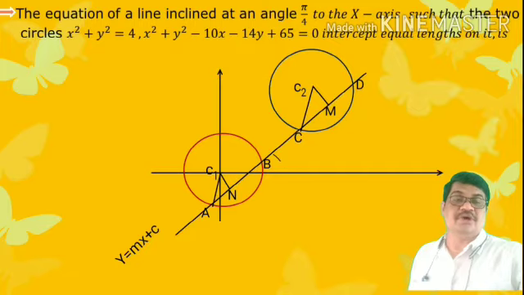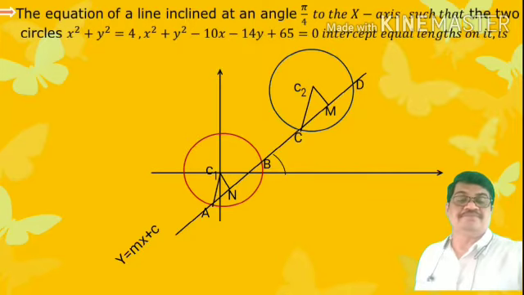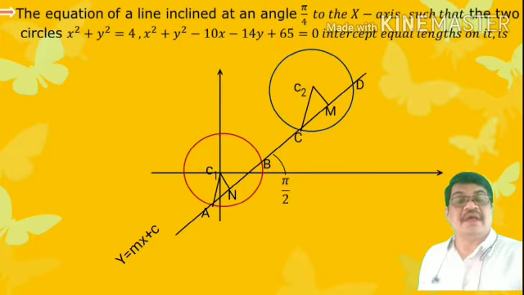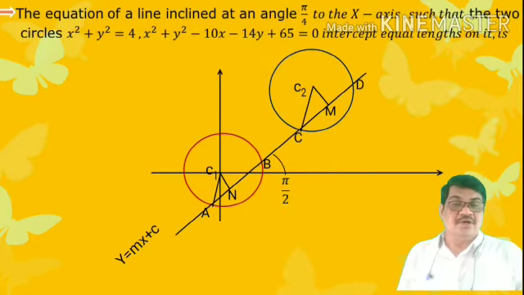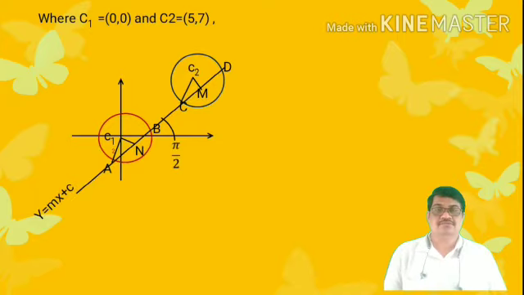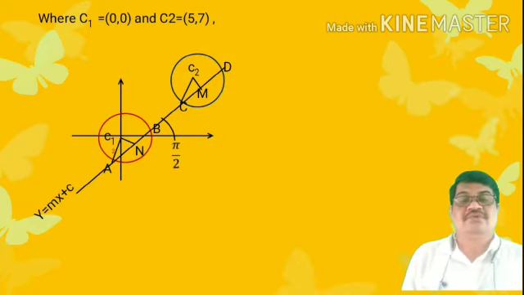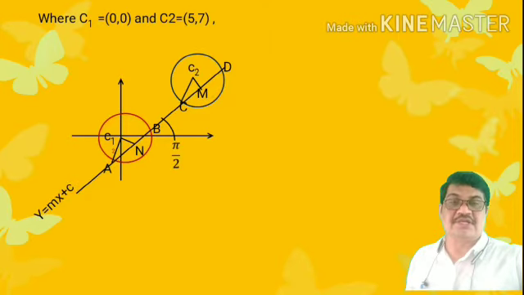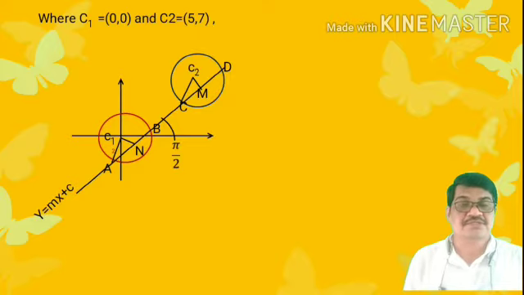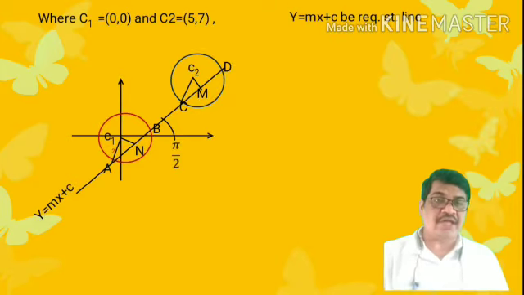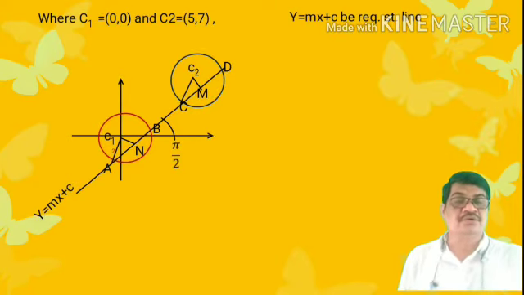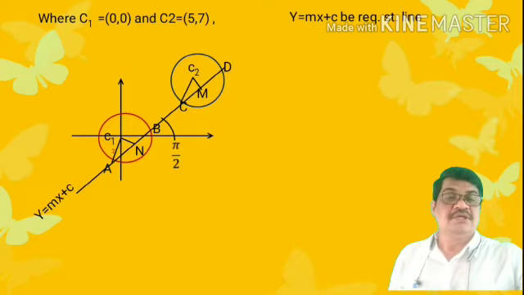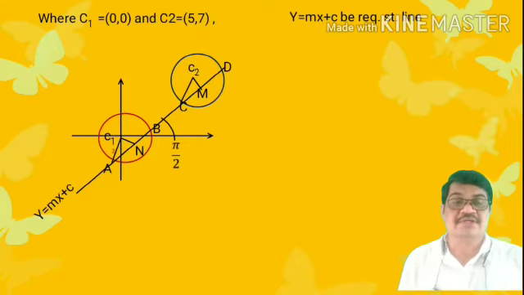From that we have this angle made by the line with the x-axis. Now see this diagram again. Here the first circle center is (0, 0) and the second circle center is (5, 7). Now assuming this line y is equal to mx plus c is the required equation.